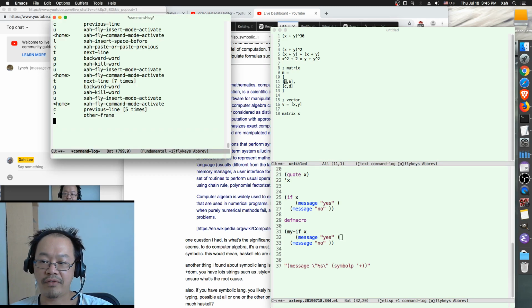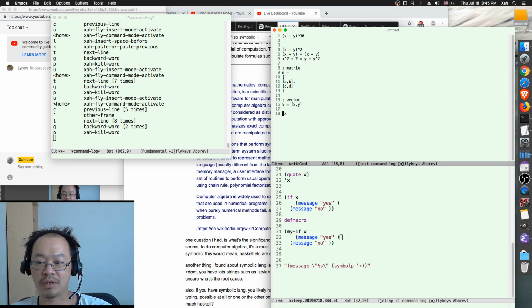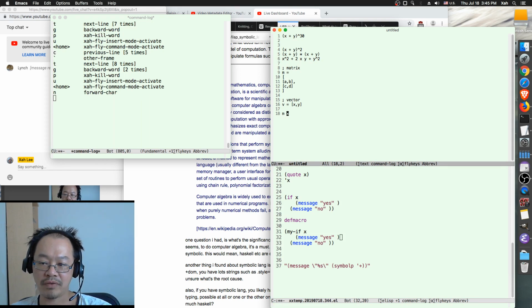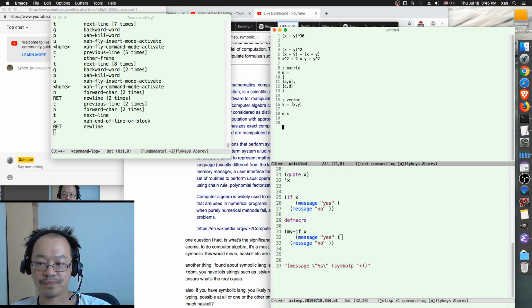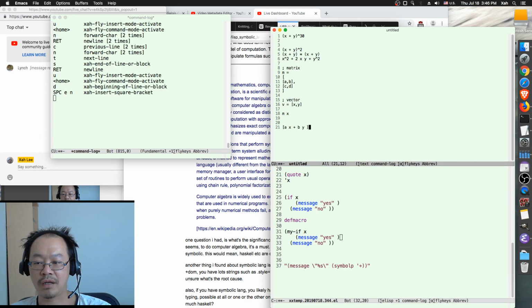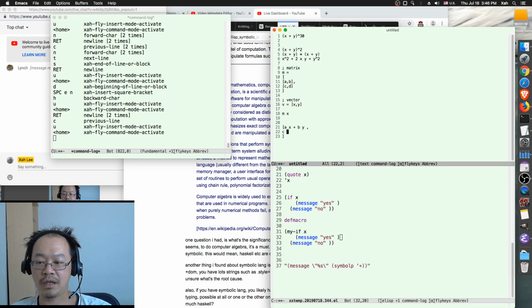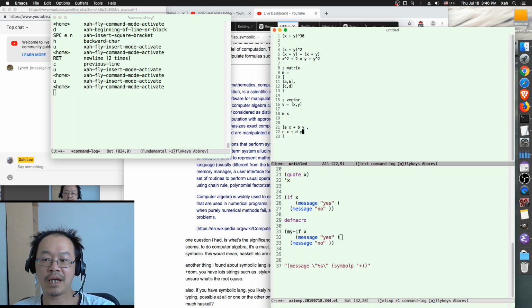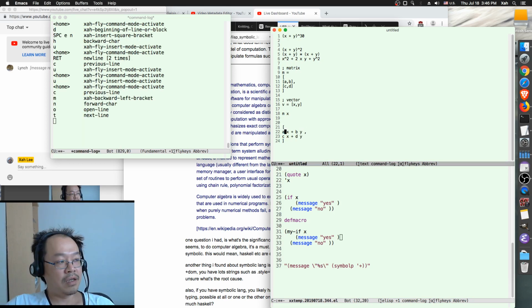So if you have a matrix and a vector, and you want to multiply them, m times v, the result will be ax plus by, okay, and cx plus dy. That is a symbolic result.